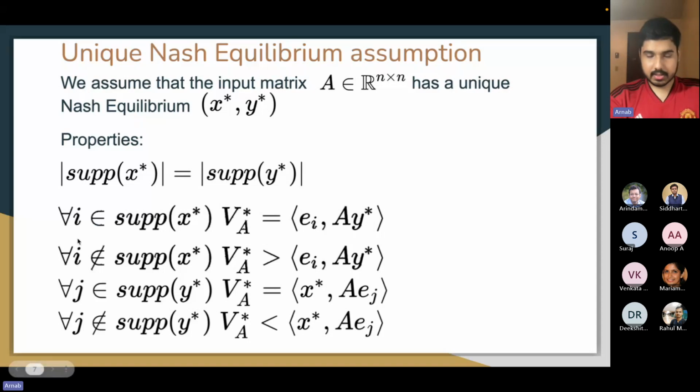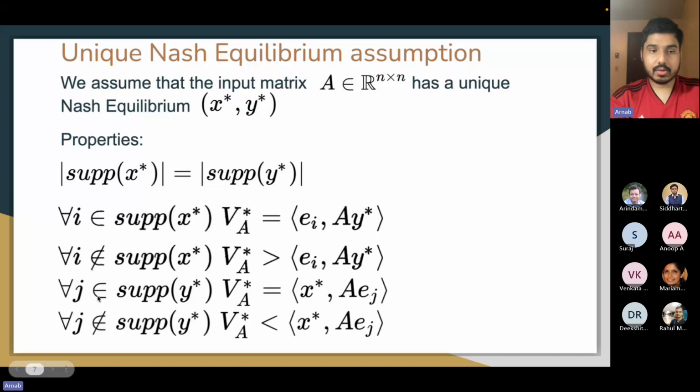But if you choose a row index i which is not part of the support, then the reward that you get by playing row i, under the assumption that the opposite player is playing y star, will be strictly less than V_A star. So clearly this row is going to be suboptimal for the row player, so it's better to avoid playing that row.